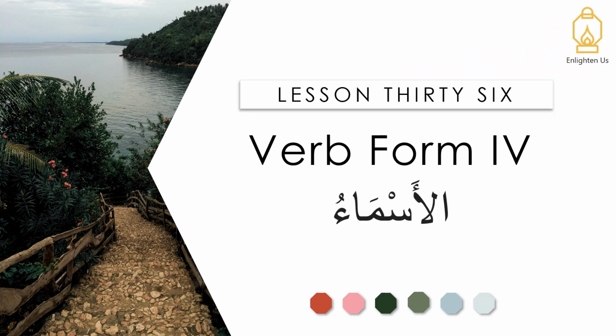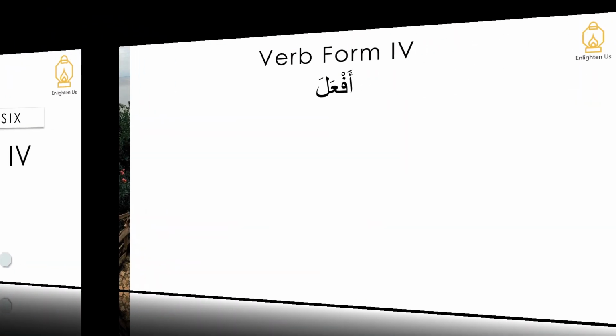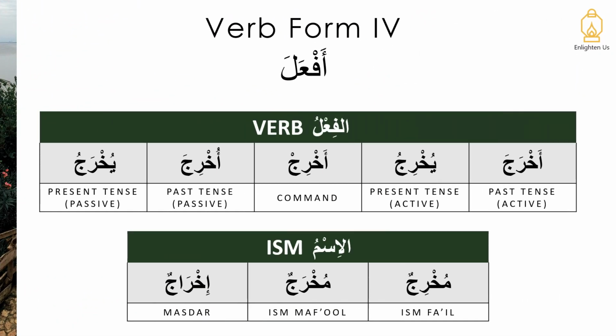You are joining us for lesson 36 and today we are revisiting verb form 4 with a focus on the asma. So let's remind ourselves of the example that we did last time for verb form 4, af'ala.